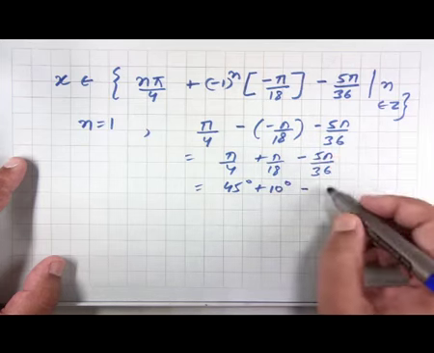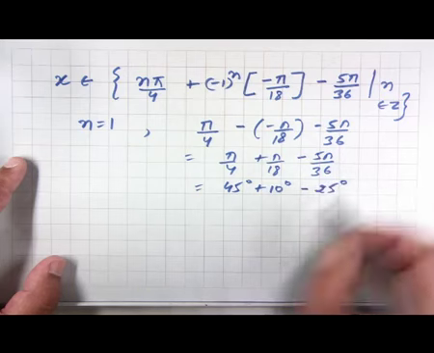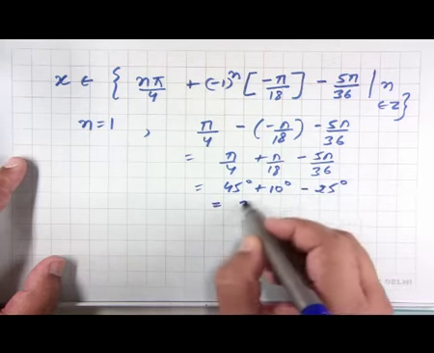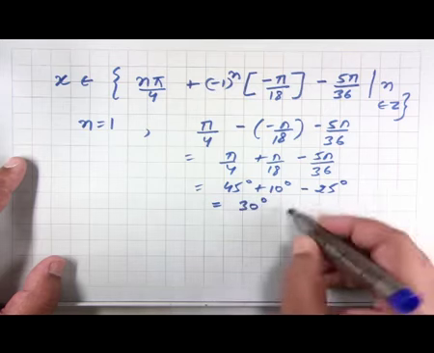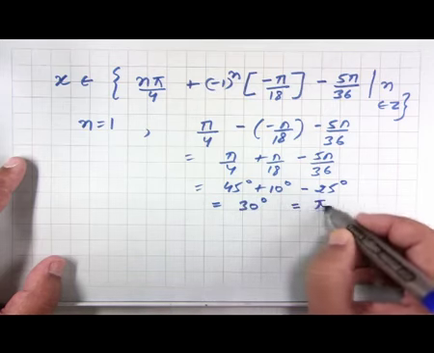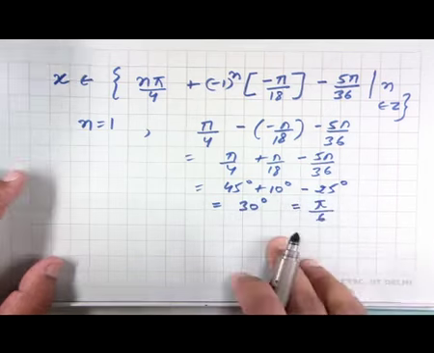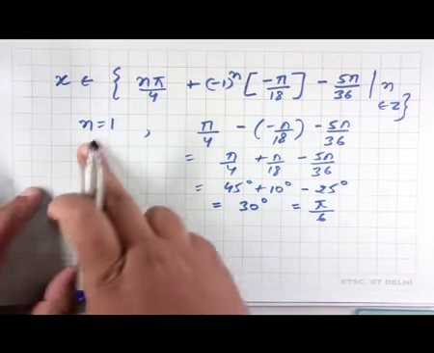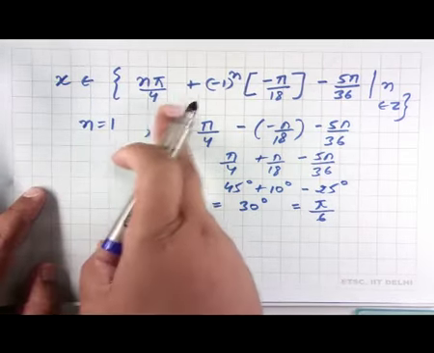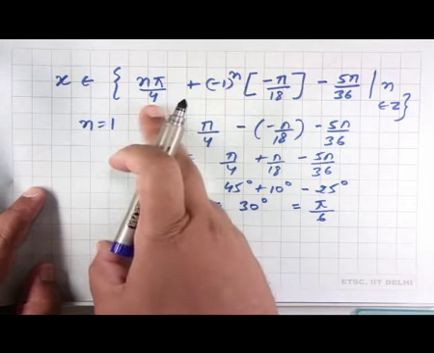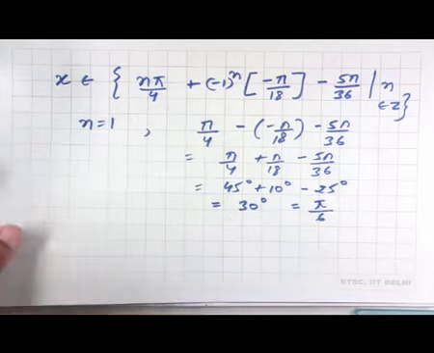So, this is 25 degrees. So, this is equal to 30 degrees or pi by 6. So, this is with n equal to 1, and then you put different values of n, you get all the solutions to this equation.